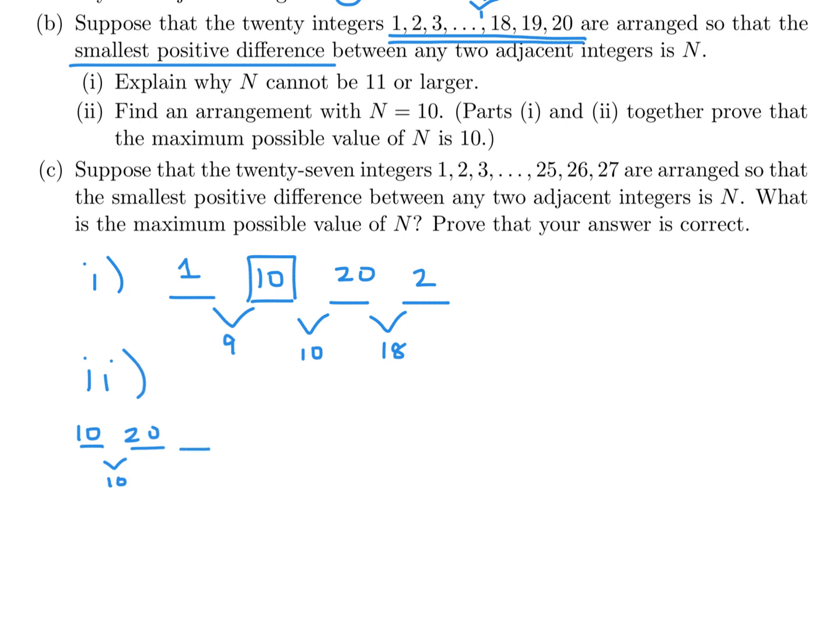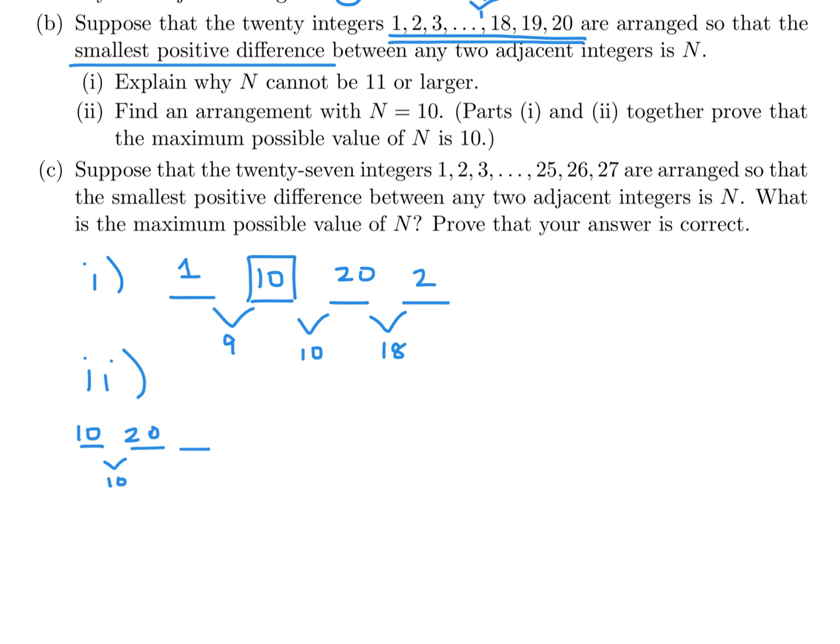And then we've got to make sure that 10 is the smallest difference, because that's the definition of n. n is the smallest positive difference. So everything else has to be 10 or greater. Okay, if everything has to be 10 or greater, I can choose these accordingly.